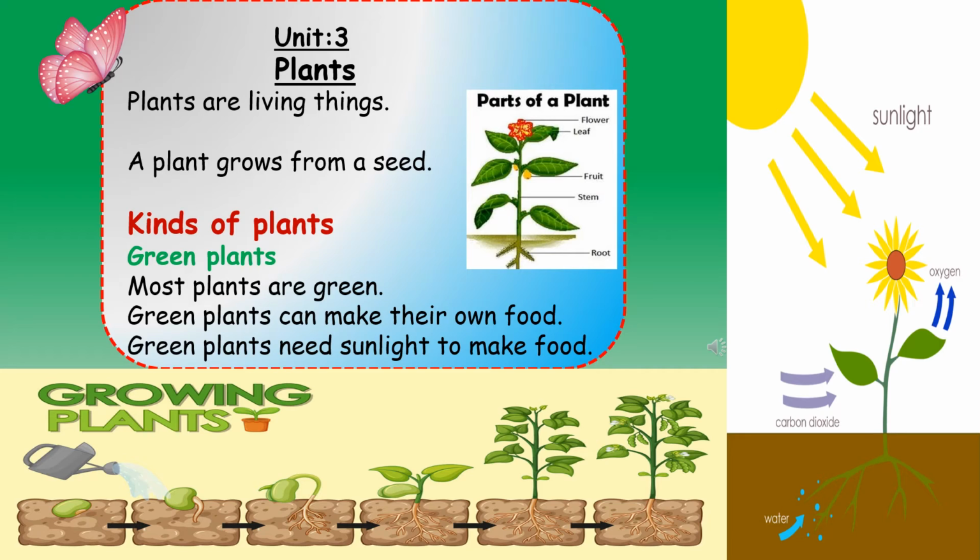Green plants can make their own food. Green plants need sunlight to make food. Okay, so you know that most plants are green in color, but it is a new thing for you that green plants can make their own food and they need sunlight to make their food.